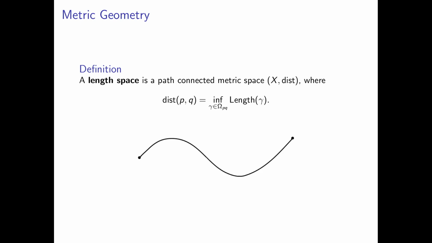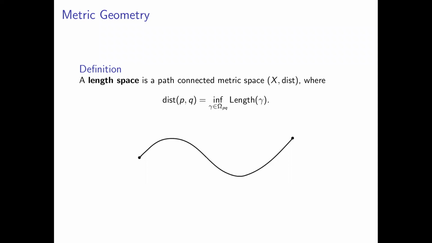If you have 2 points P and Q, you look at all the paths gamma joining them in a special collection of curves that I call omega PQ, which are rectifiable. These are curves for which the length makes sense, it's finite, and then you look at the infimum. In the Riemannian case, this is how you define the Riemannian distance, by looking at the infimum of lengths of piecewise smooth curves joining 2 points.